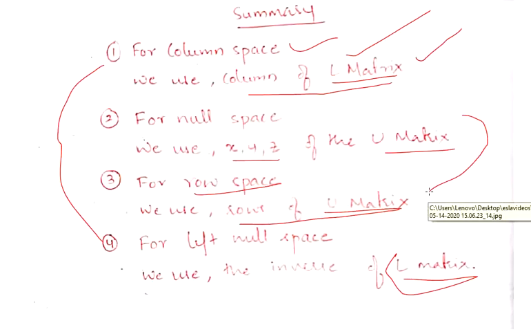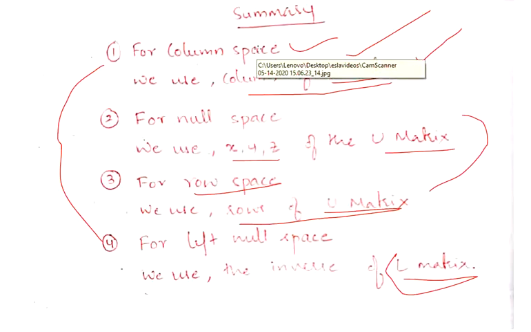If a complete main matrix is given, you can still factorize it and get the values of L and U, and then you can use the L and U matrices directly to find the four subspaces. Okay, four fundamental subspaces, right? Okay, thank you.